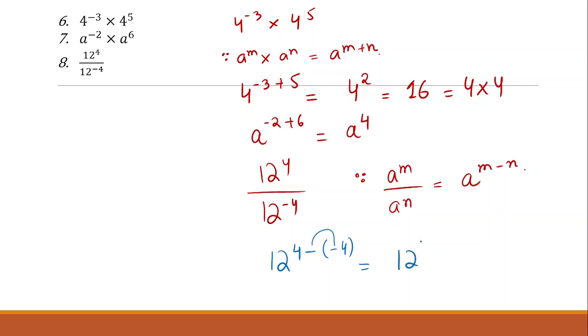So 12 to the power 4 plus 4. So it will be 12 to the power 8. So the question number 6 answer is 4 to the power 2. This answer is a to the power 4. And 12 to the power 4 divided by 12 to the power negative 4 is 12 to the power positive 8.